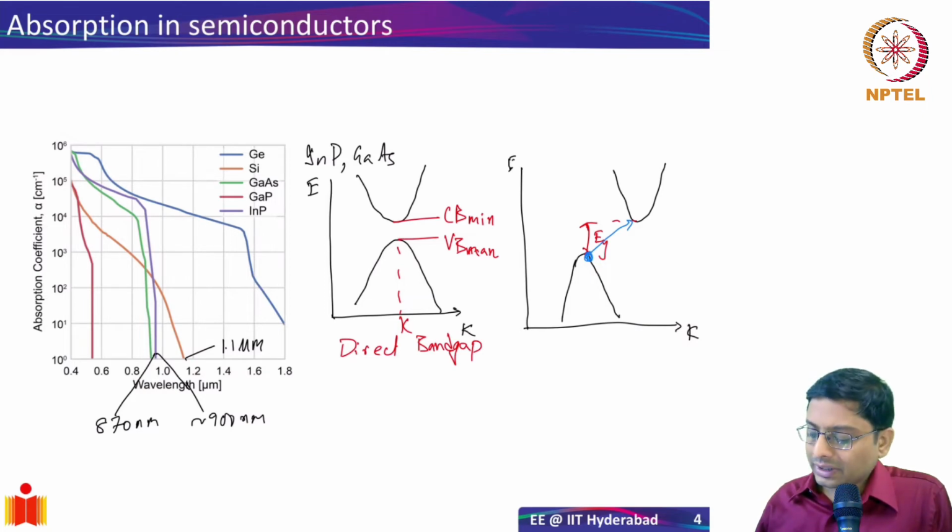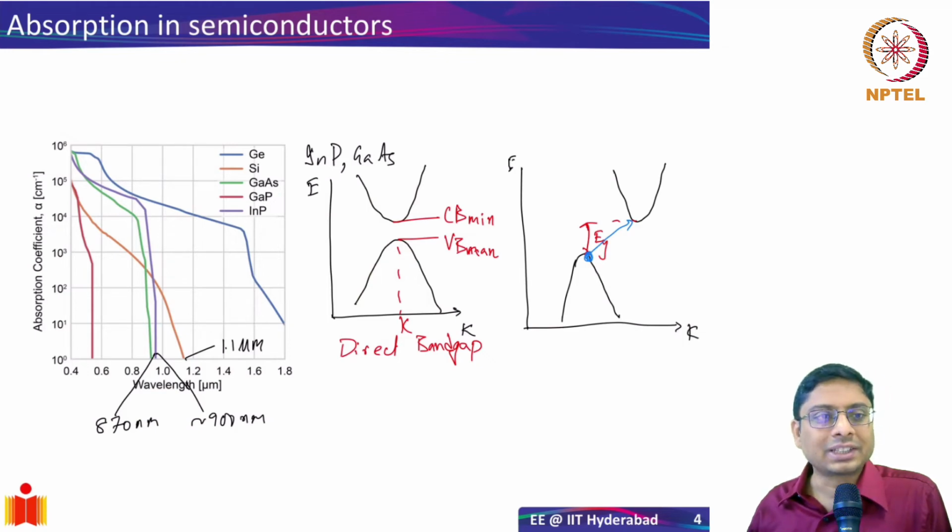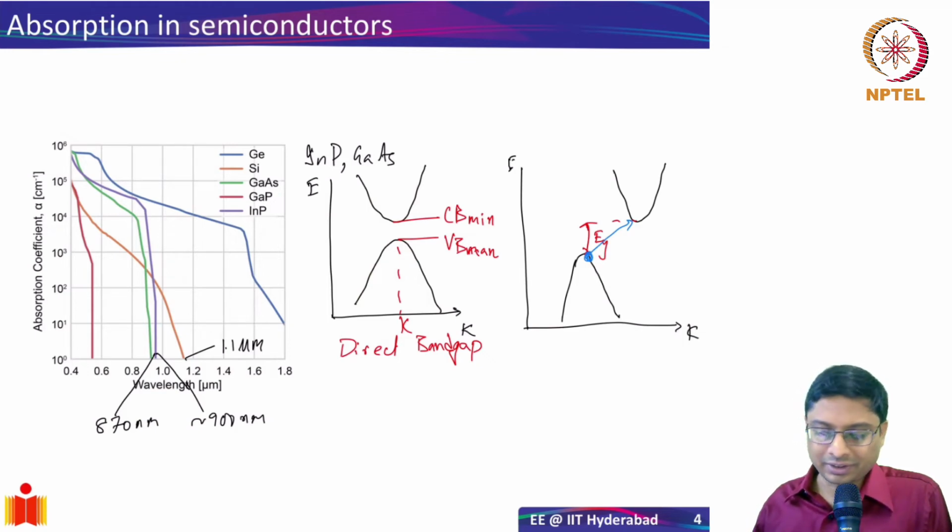Depending on where the peak and the minimum of the valence and conduction bands are, we can classify materials as direct and indirect band gap semiconductors. Gallium arsenide is indirect, but not a very strongly indirect band gap. Mainly silicon and germanium are indirect band gap semiconductors.